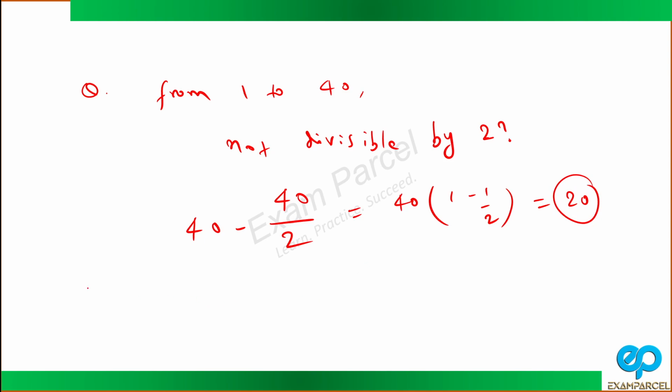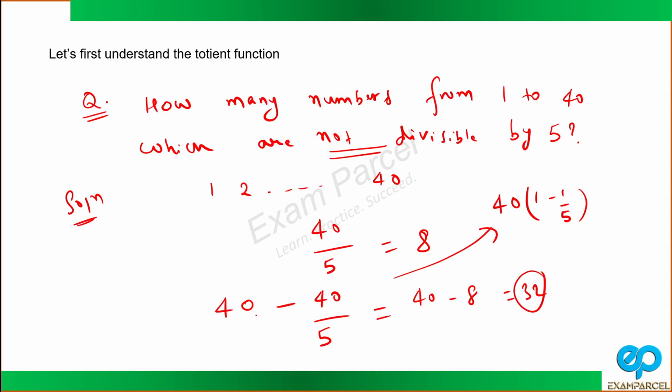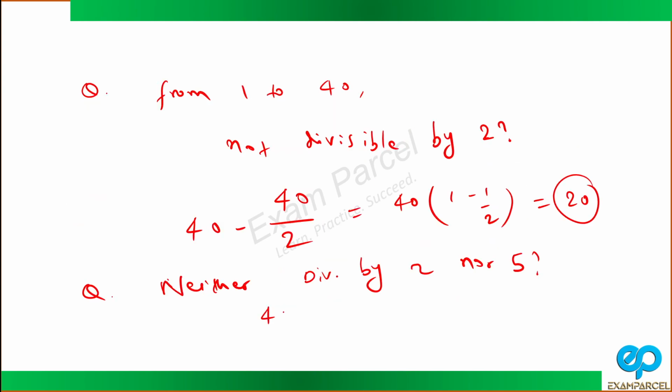Now, third question, what I can do is I can club them together. I can ask neither divisible by 2 nor 5. Okay. So how will we proceed this question? Now, can I combine these two? Let's say first I will find not divisible by 5, and out of those numbers I will find which are not divisible by 2, right? So not divisible by 5 would be 40 into 1 minus 1 by 5.